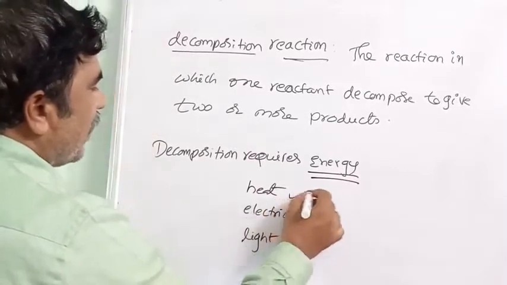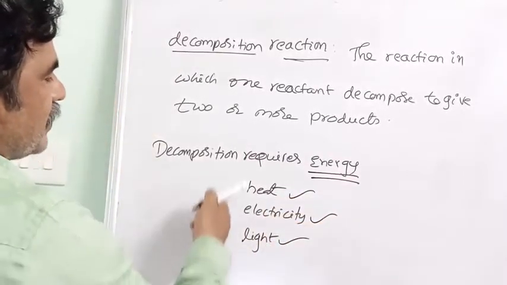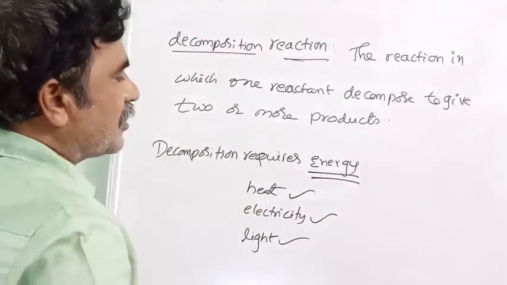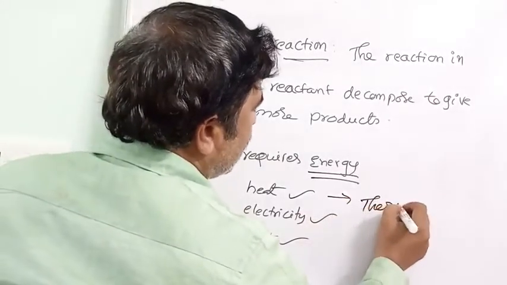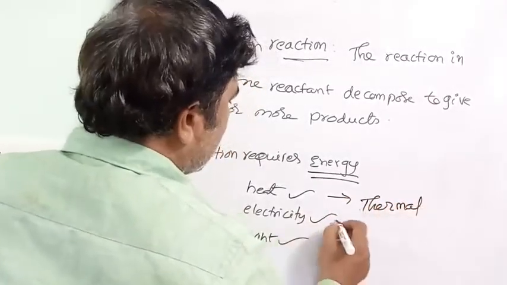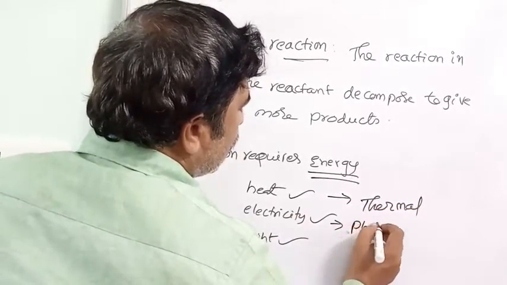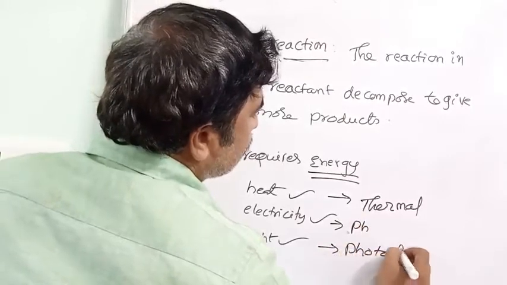That energy may be heat, electricity, or light. Based on the energy supply, the decomposition reactions are of 3 types. One is thermal decomposition. The second is electrolytic decomposition. The third is photo decomposition.